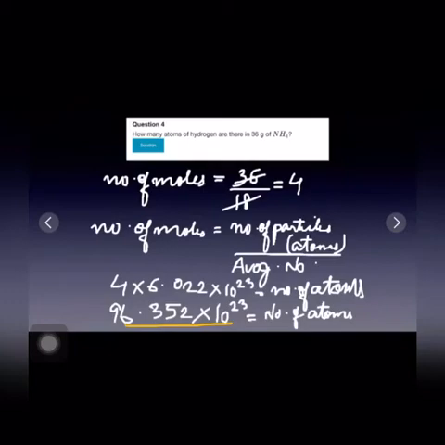Now see the next question, which is: calculate the number of hydrogen atoms in 1 mole of H2. So now we have to calculate the hydrogen atoms in 1 mole of H2. This means 1 molecule of H2 is equal to 2 hydrogen atoms.